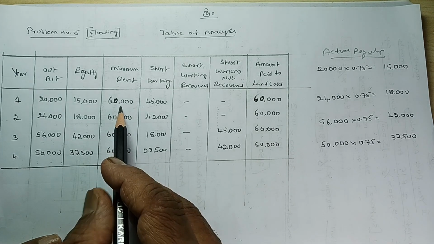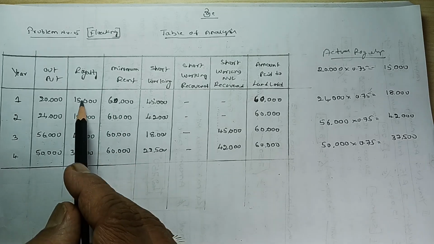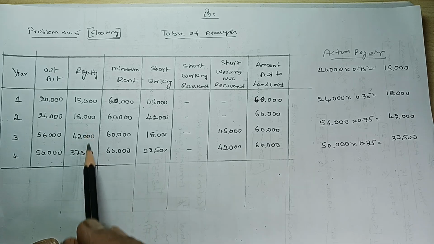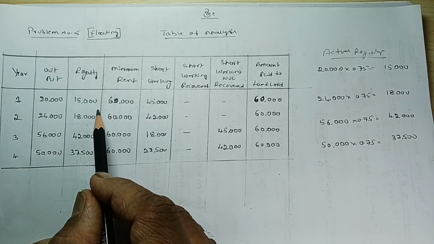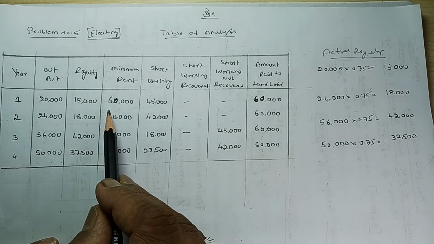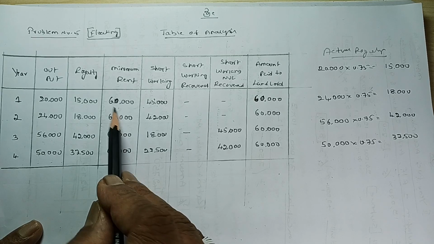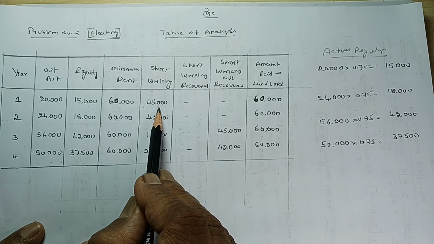You see here, every year you have to pay a minimum rent of 60,000. You see the actual royalty. In actual royalty, all these years, that is less than the minimum rent, right? And we have been given time for the next 2 years only. So let us say minimum rent is 60,000, actual royalty is 15,000, short working is how much actually? 45,000.